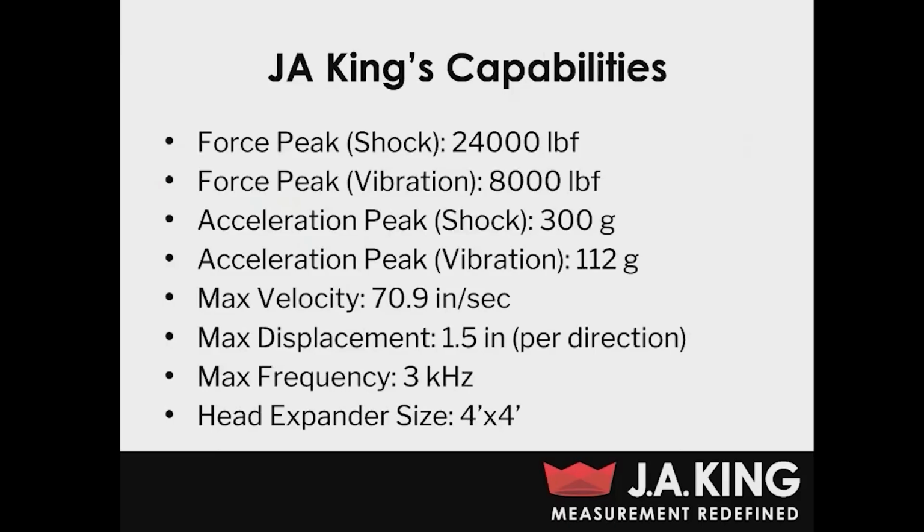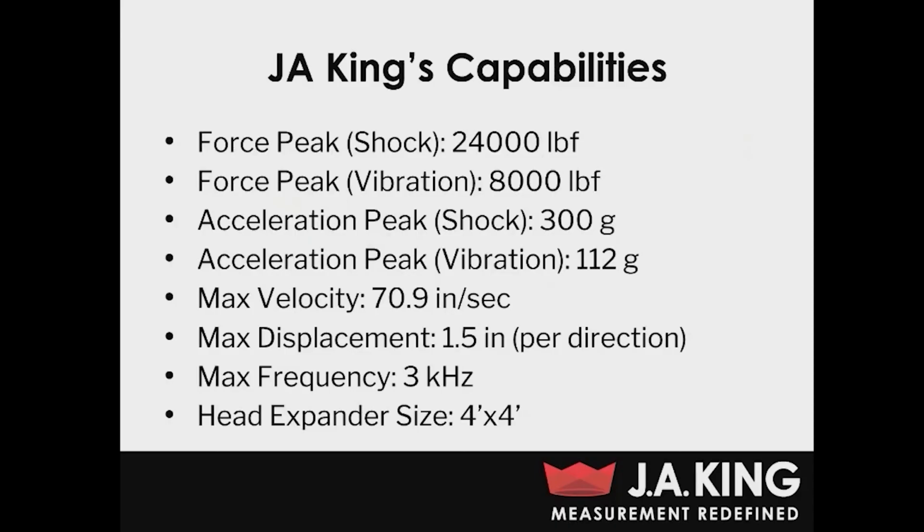So this is just a quick rundown of what our capabilities are here at J.A. King at our Greenville, South Carolina testing facility. You can see I've pointed out the force peaks for both shock and vibration, as well as acceleration for both shock and vibration. Also, I've listed our max velocity there. For displacement, I do want to point out that 1.5 inches is per direction.